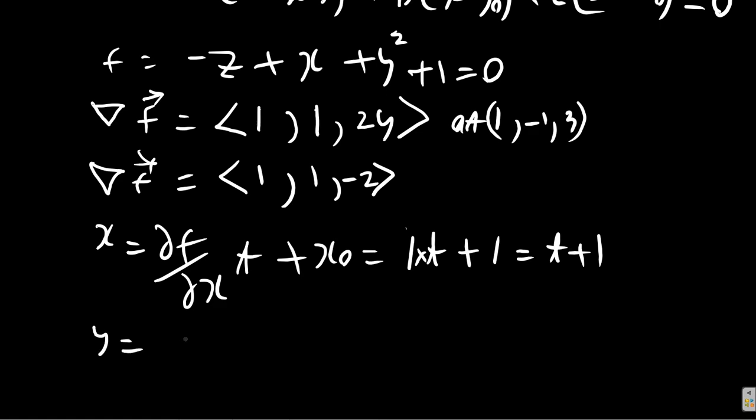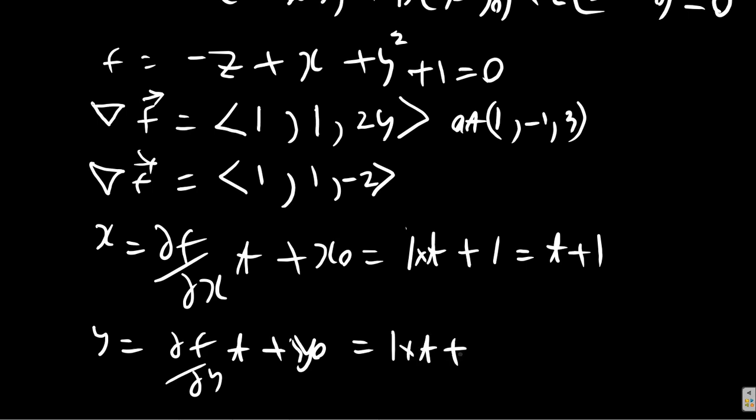y is equal to delta f by delta y times t plus y0. In this case, at the point that we're looking at, it is 1 times t plus y0, which is negative 1, so it is t minus 1.